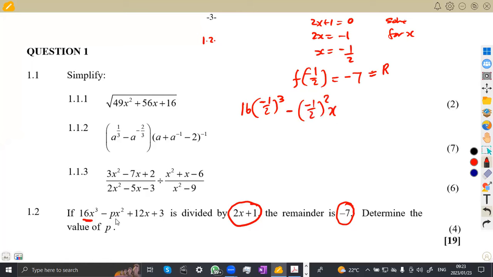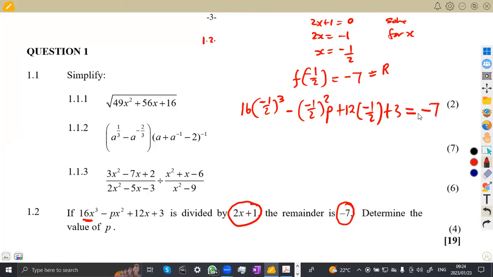Then 12x plus 3, so 12 times our x, which is minus half, plus 3 is equal to the remainder, which is 7. If it was a factor, then it was going to be f of minus half.